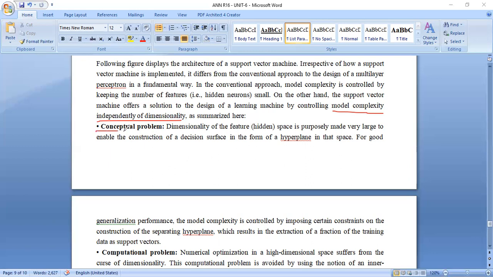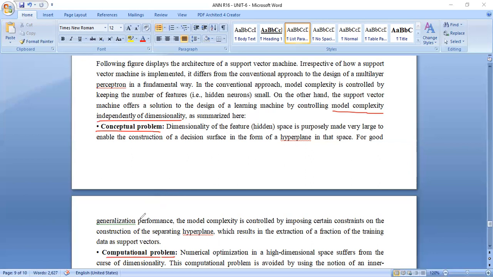What is the first problem? The first problem is a conceptual problem. The second problem is a computational problem. Conceptual problem in the sense, if the dimensions are increased, automatically the construction of the model is also increased and the complexity increases, right?